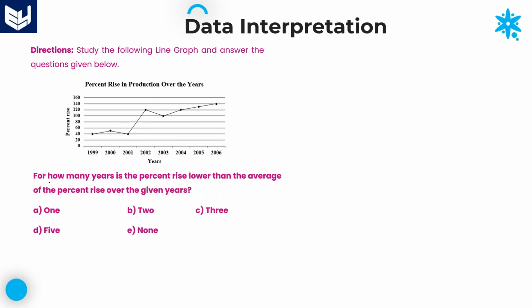Here the third question is, for how many years is the percentage rise lower than the average of percentage rise over the given years. In order to solve this question, first of all you need to calculate the average percentage rise.